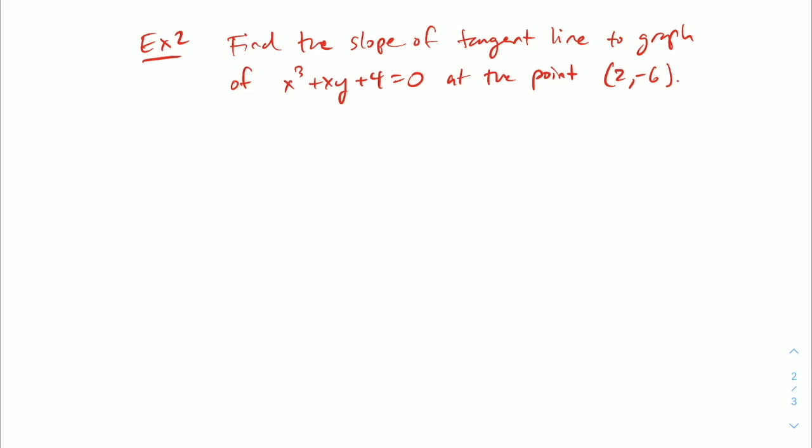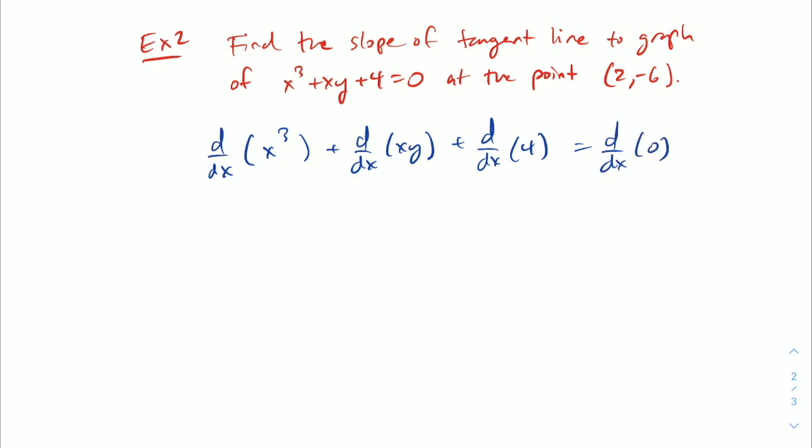Okay, so again, we start by differentiating. So we'll differentiate the left-hand side. I'm going to distribute that derivative to all 3 terms on the left-hand side. And then we'll differentiate the right-hand side. It's 0, so again, not very interesting.